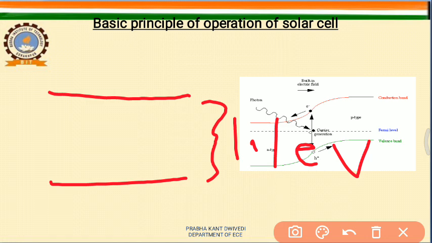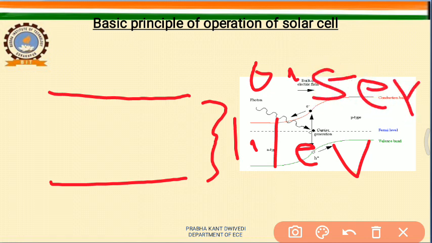We cannot control this. So suppose a photon falling on the junction has an energy of 0.5 electron volt. This photon will not be able to knock the electron out of the covalent bond, and the electron cannot jump from the valence band to the conduction band after receiving this small amount of energy.